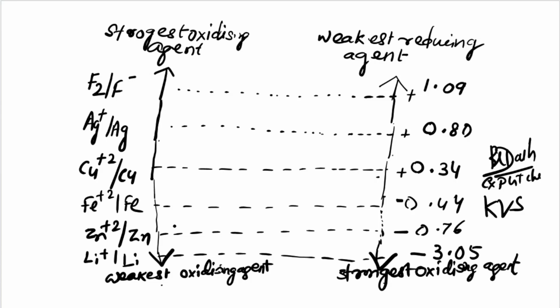When you go down, you can observe the weakest oxidizing agent. Similarly, when you go up, that is the weakest reducing agent, and when you go down, that is the strongest reducing agent.